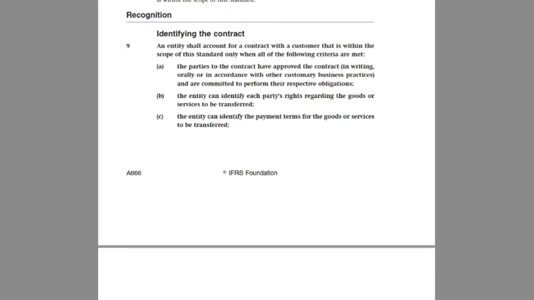And that paragraph says an entity shall account for a contract with a customer that is within the scope of the standard only when all of the following criteria are met. And that word criteria was also in the required.